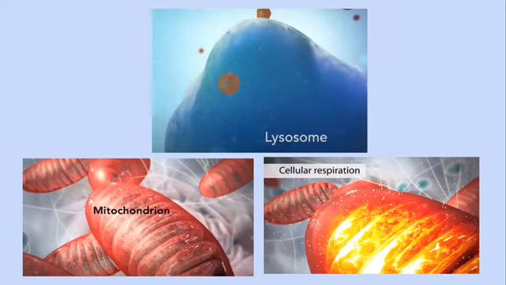Next is the mitochondrion. It is known as the powerhouse of the cell for both plants and animals. Both have them. The process of cellular respiration is the process for making ATP molecules. It provides energy for all the cell activities. If the cells need more energy, they have more mitochondria in them.